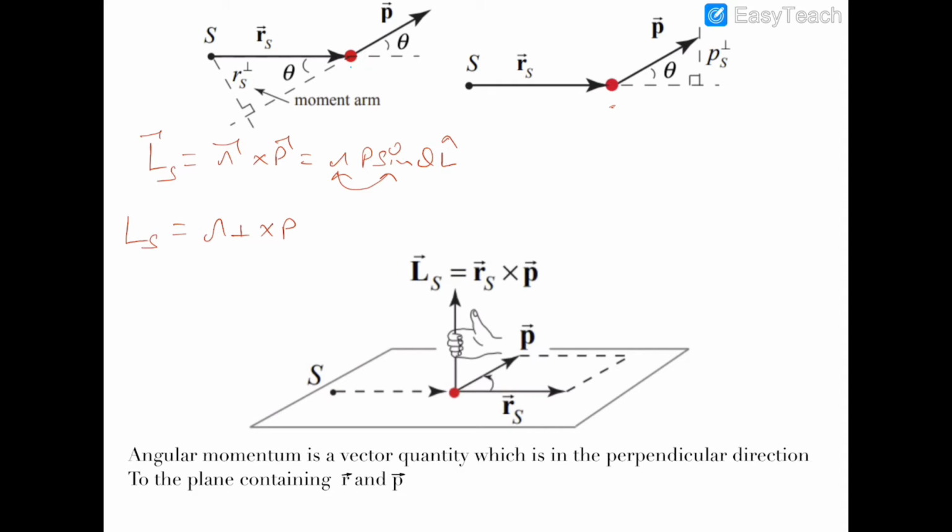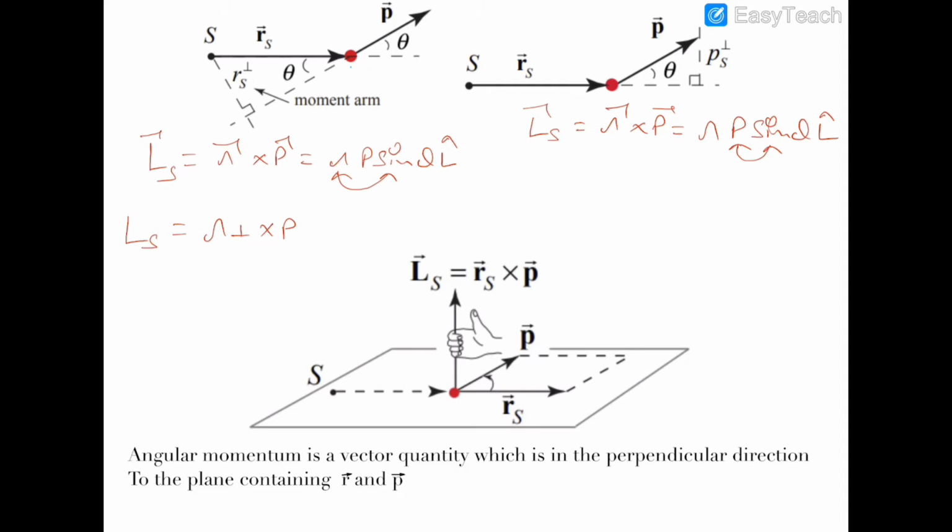First of all, let us write the angular momentum in vector form. So in the vector form, it is r cross p, and obviously we have already written that r cross p is equal to r p sine theta L cap. Now we are writing p sine theta together. So p sine theta is the component of momentum which is perpendicular to r.